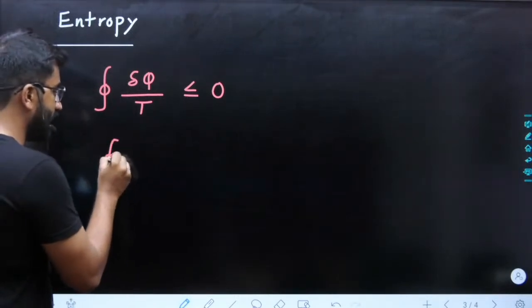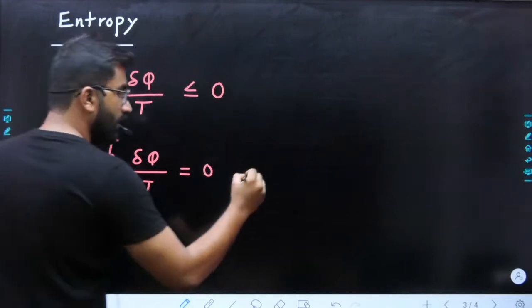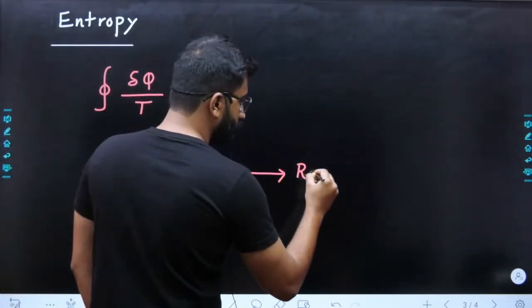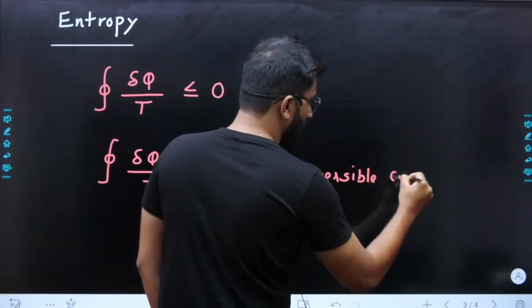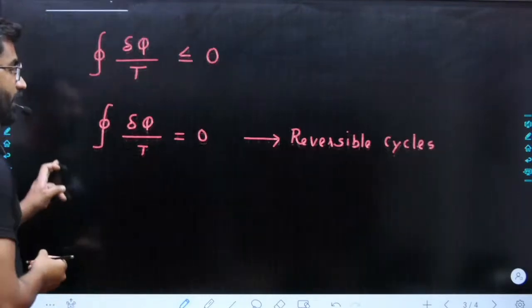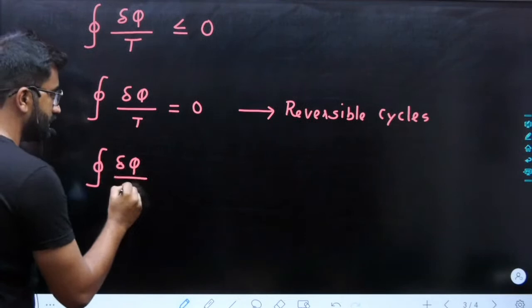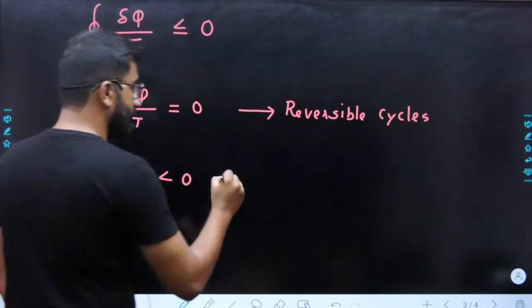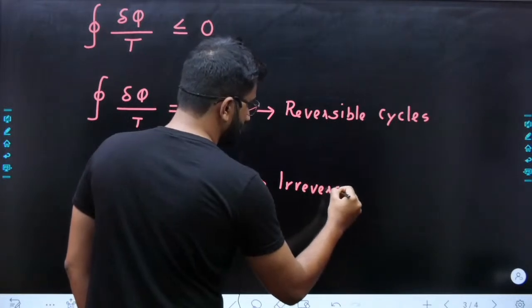Now, if I say cyclic integral of del Q by T is equal to 0, this is valid for only reversible cycles. If cyclic integral of del Q by T is less than 0, this is valid for irreversible cycles.